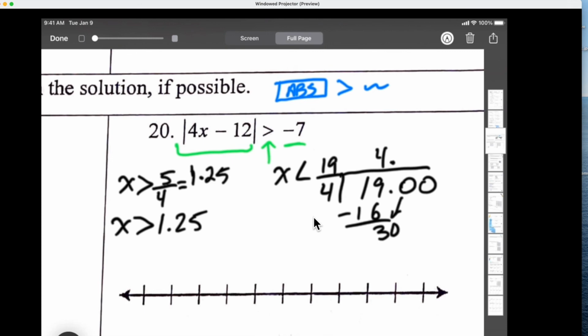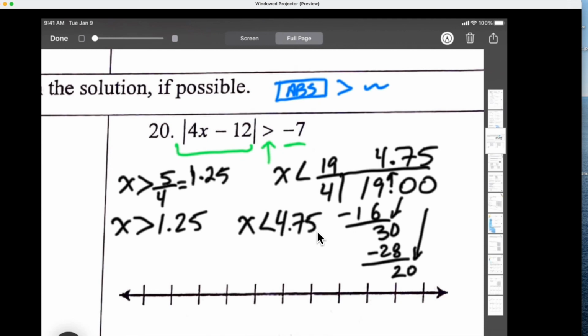Don't forget that decimal place goes straight up. How many times does 4 go into 30? 7 times. 7 times 4 is 28. Subtract, you get 2, bring down the 0, you get 20. How many times does 4 go into 20? 5. So we have x is greater than 1.25, and we have x is less than 4.75. Now let's go ahead and graph that.